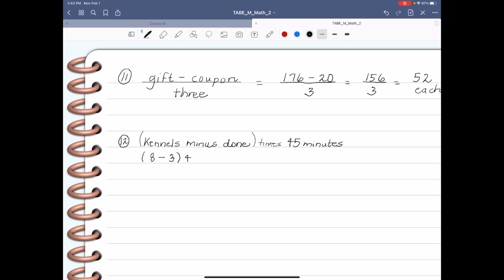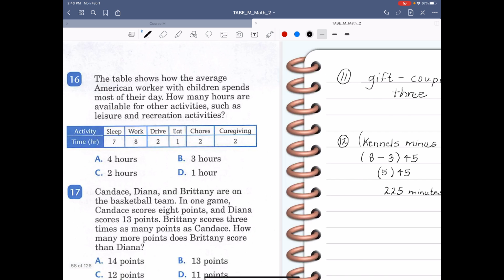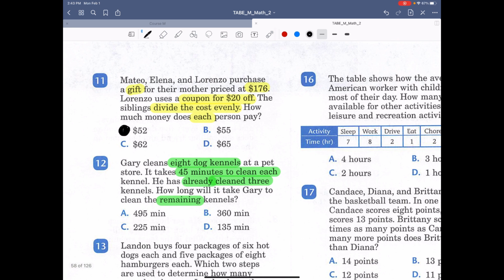And then I'm going to multiply that by 45. So 8 minus 3 is 5. And 5 times 45, I'm going to do that on my calculator. 45 times 5 is 225. So he has 225 minutes left to work. So for number 12, I'm liking answer C.